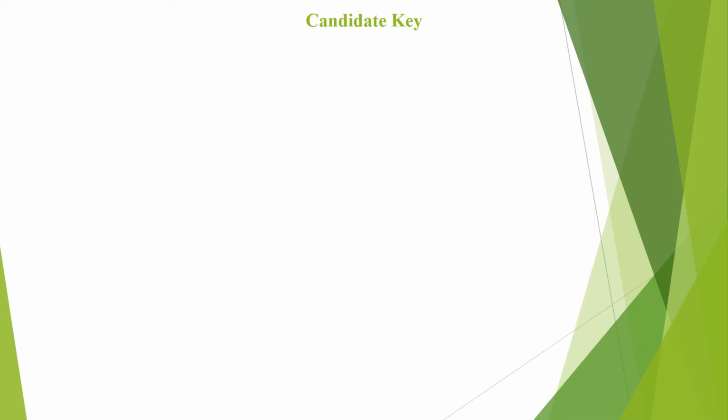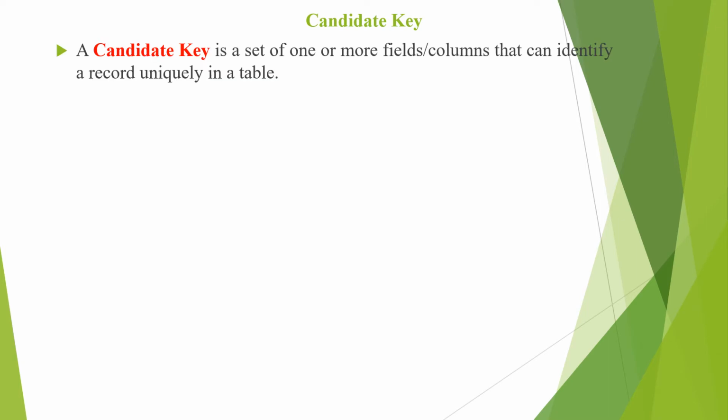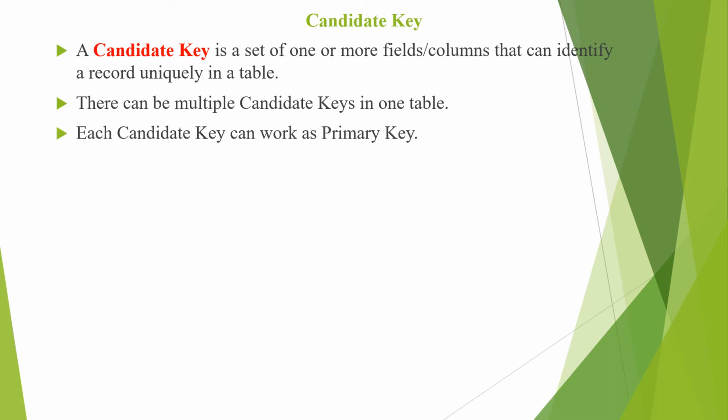The second type of key is a candidate key. The definition of the candidate key is as follows. A candidate key is a set of one or more fields or columns that can identify a record uniquely in a table. There can be multiple candidate keys in one table. Each candidate key can work as a primary key.